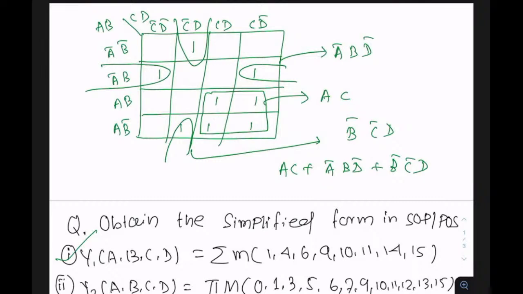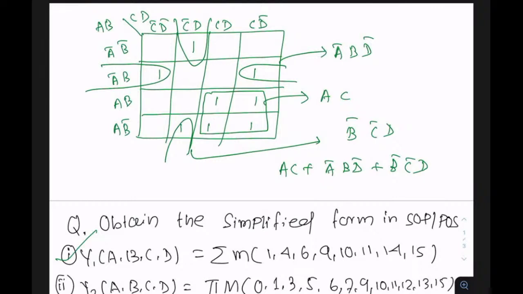But you should also check whether we have redundant groups. You should check for that as well, isn't it? So what are the possibilities then?